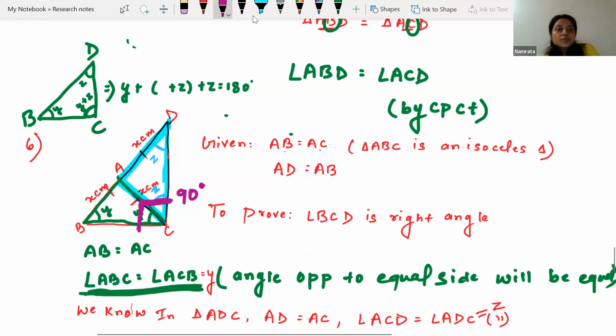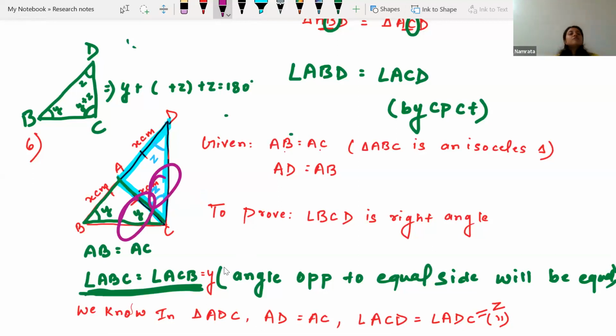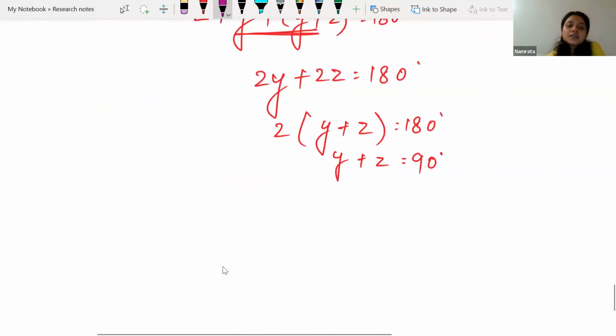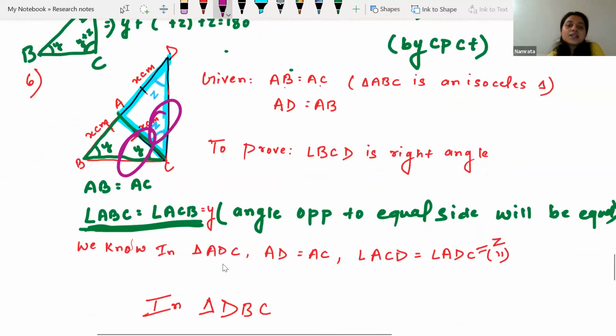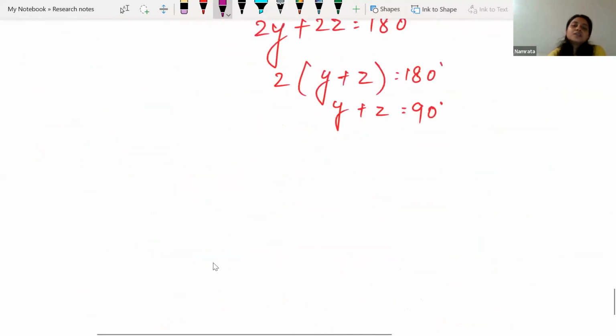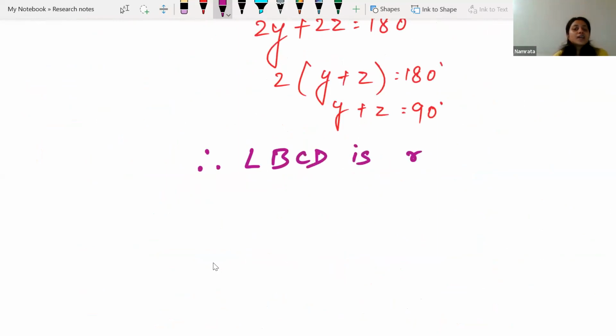If I remove the purple mark, can you see this is y plus z only? This is y and z only. So y plus z we have already got as 90 degrees. Hence angle BCD is a right angle.